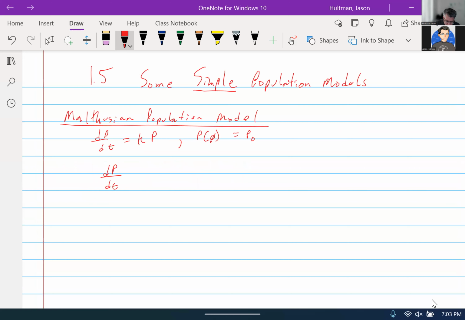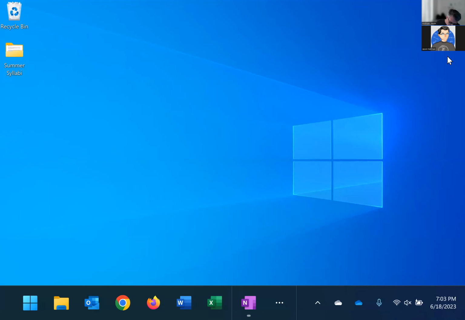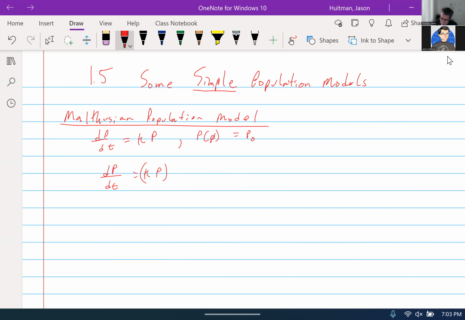We're going to multiply both sides by dt, and divide by P. This gives me dP over P is equal to k dt.